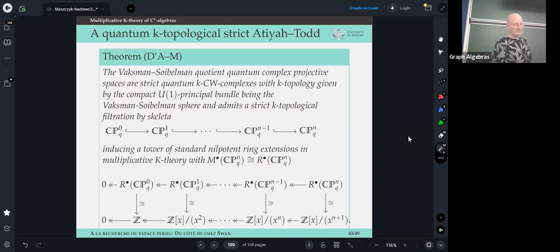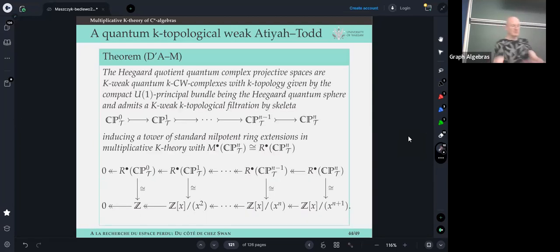It's about Vaksman-Soibelman complex projective spaces. And we reproduce this Atiyah-Todd result. We can compute these rings corresponding to this multiplicative K-theory, and these are, on the nose, these truncated polynomials.